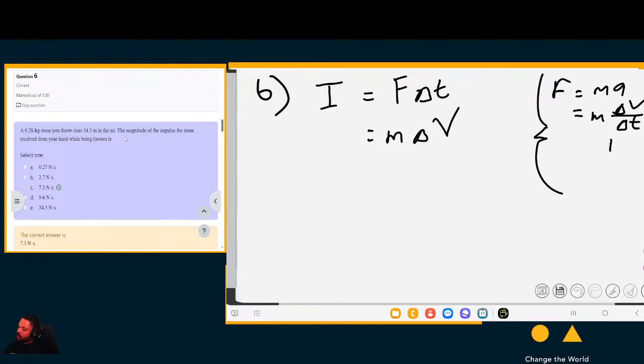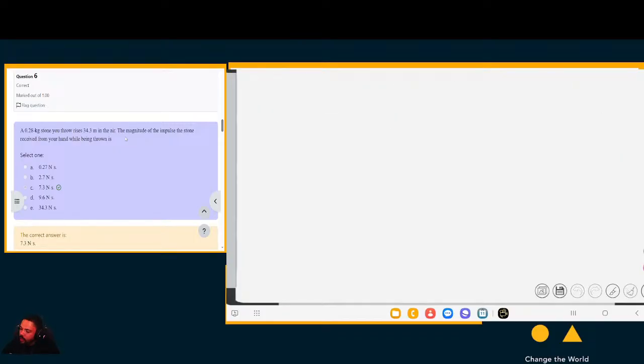Now this is Newton's second law. If you substitute this force here, you'll find that the time cancels, leaving you with mass times the change in velocity. So it's not a difficult derivation, but it is that nonetheless.